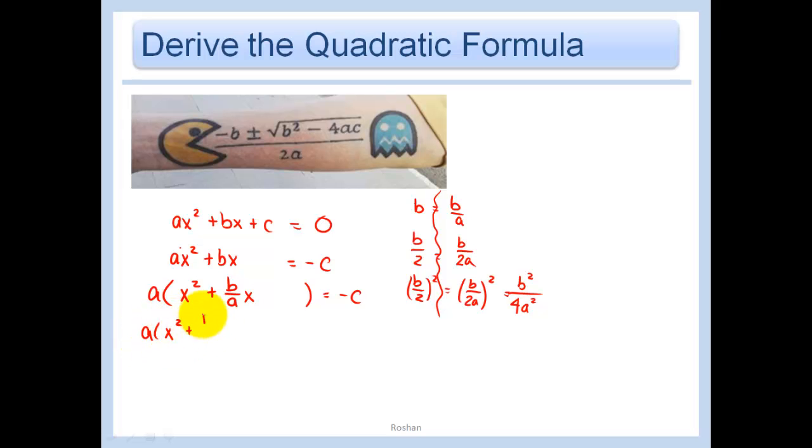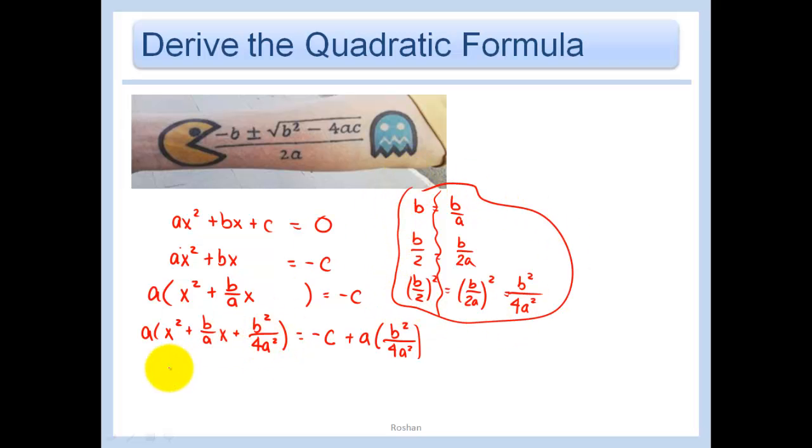Okay, so that is what I'm going to add. x squared plus b over a x plus b squared over 4a squared equals negative c. What did I add to this side? I added a times b squared over 4a squared, right? I added an a times this. That was like my little side. All right, so continuing on.